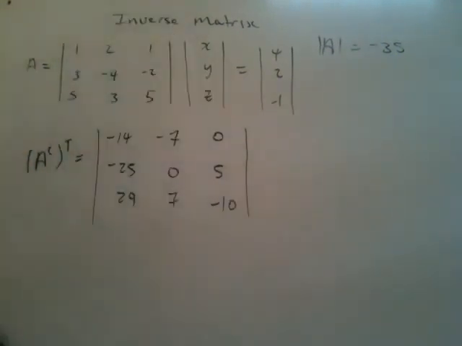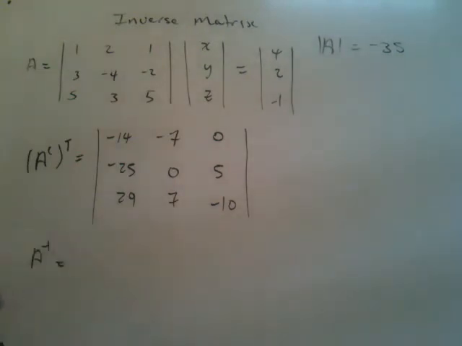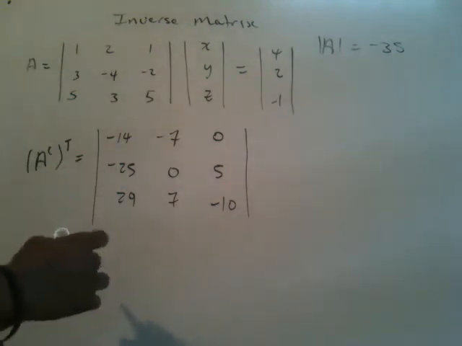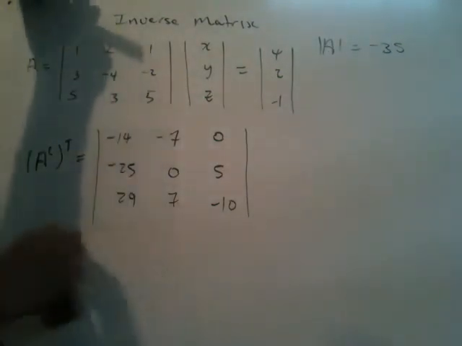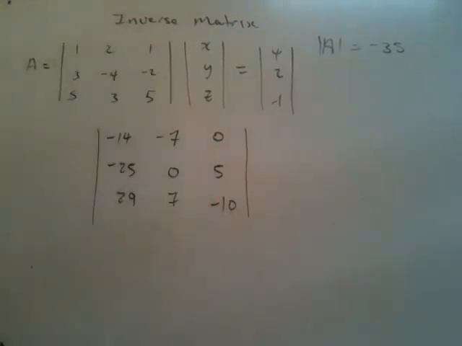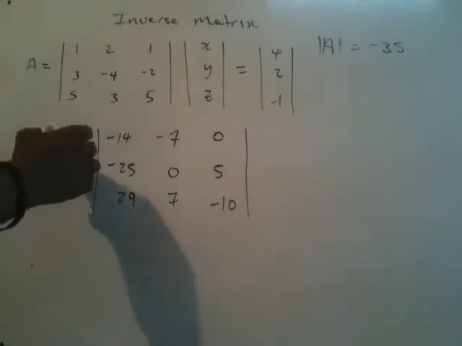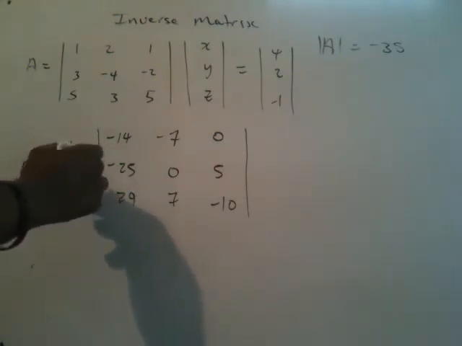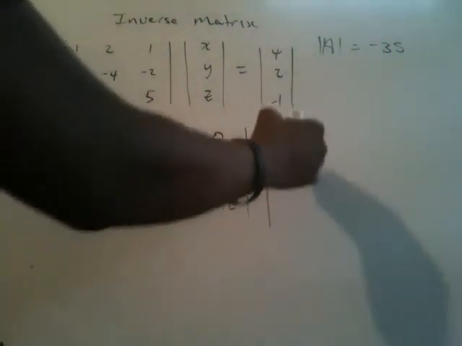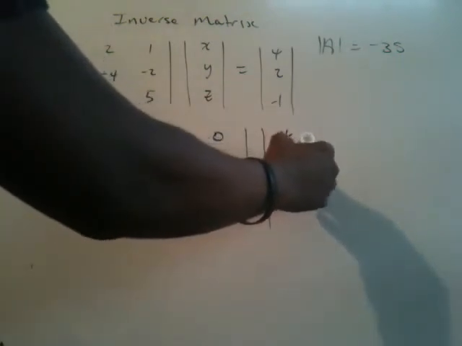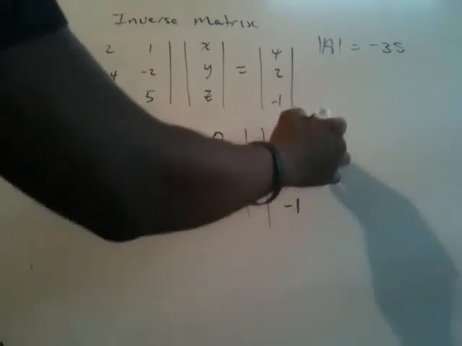Now A inverse is equal to 1 over the determinant times the transpose. So A inverse equals 1 over -35 times the transpose, and this is going to multiply the constants on the right hand side of the equation.